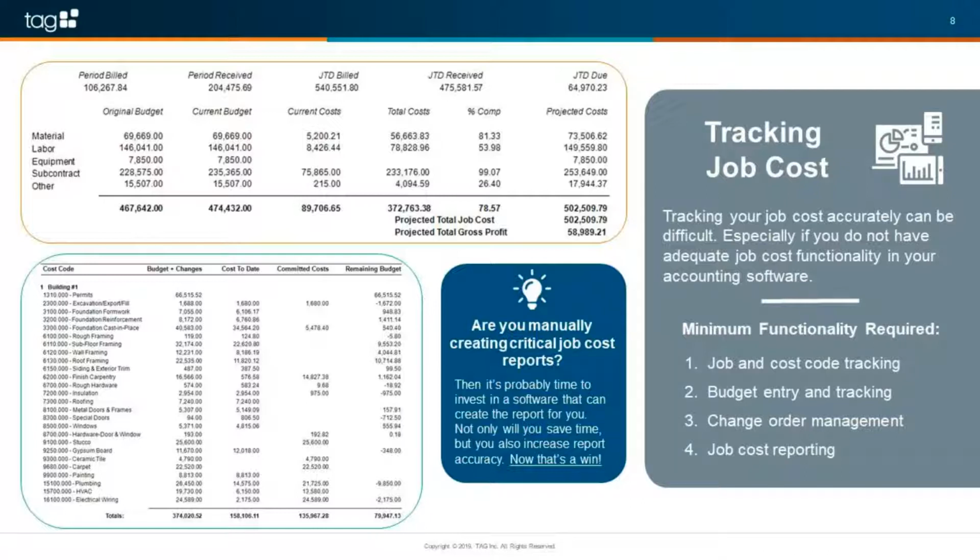It's just that human error factor. So by being able to extract this information directly from your accounting software, one, you're saving time, and two, you're getting that accurate information. So if you're not getting the information you need from your accounting program, then it's probably time for you to make a switch.